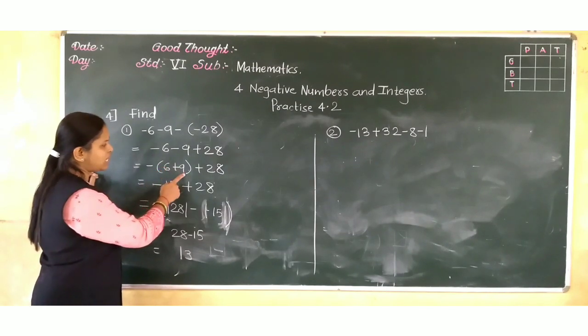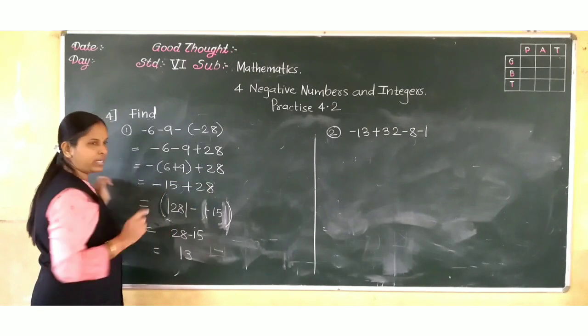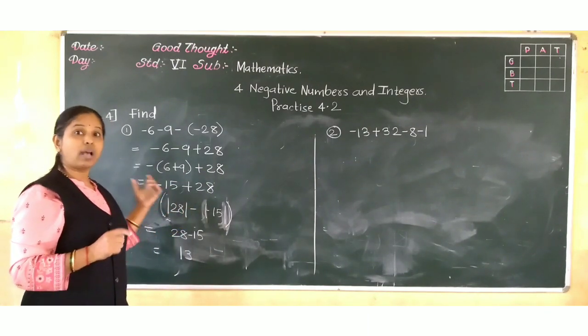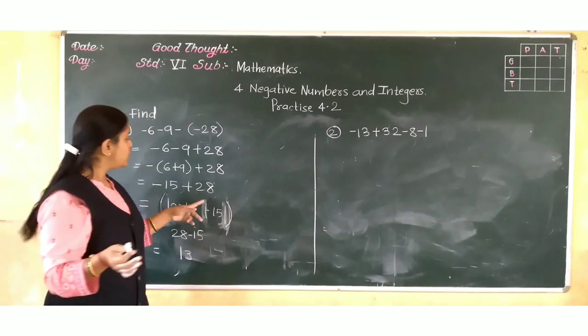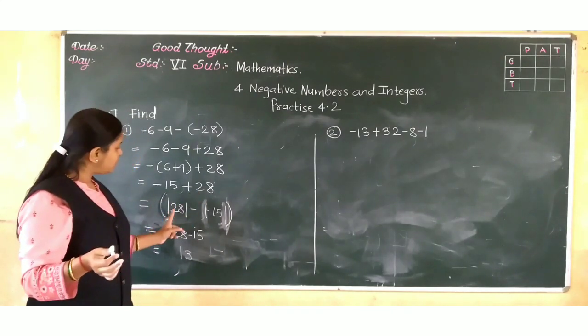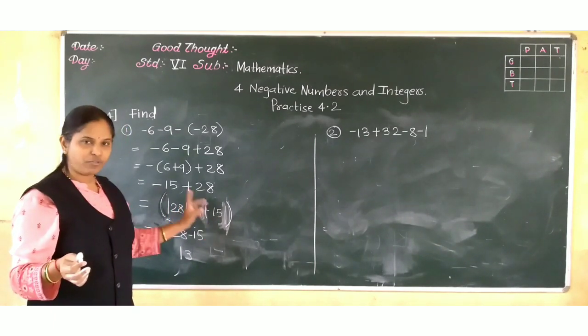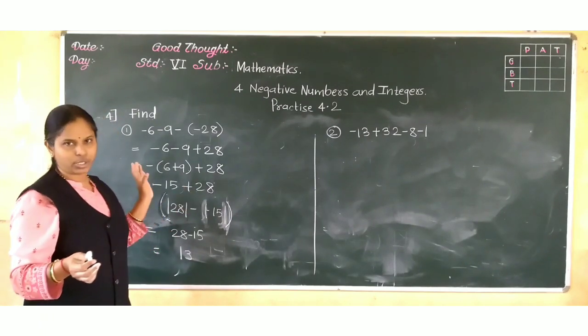It becomes 6 plus 9, that is minus 15. And this plus 28. Now take absolute values. Compare who is greater. 28's absolute value is greater. So subtract absolute value of 28 minus absolute value of 15. And the answer will be positive only because 28 is having positive sign.